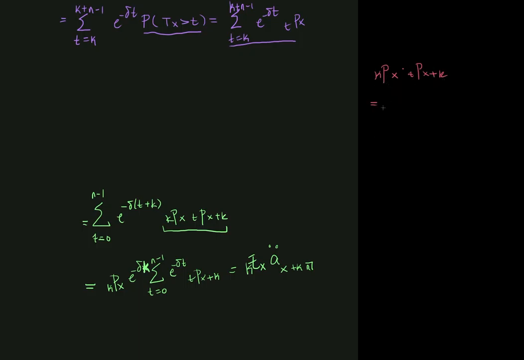So the definition of the first is the probability that a newborn survives age x plus k given the newborn survives time k. And the second one here is the probability that the newborn survives time x plus k plus t, given the newborn survives time x plus k, right? And let's try to write down the definitions of these two. They are essentially the probability that a newborn survives past time x plus k and survives past time k.